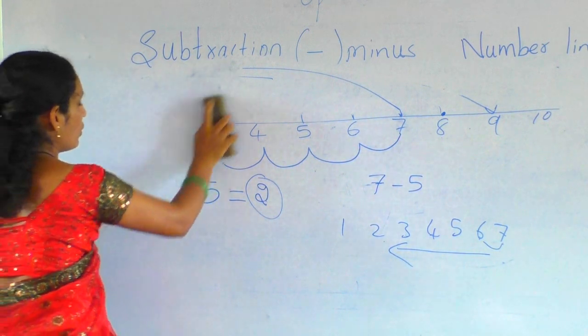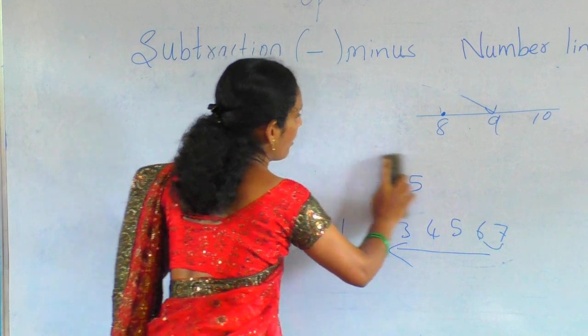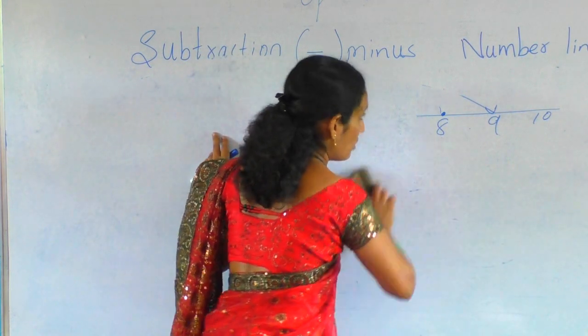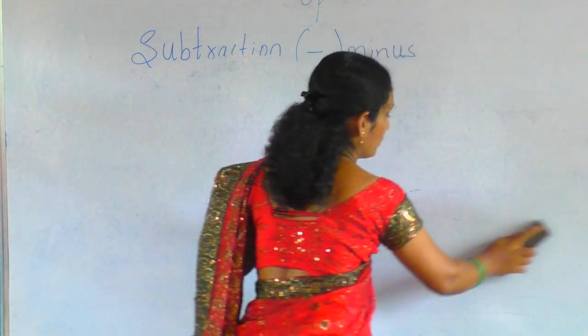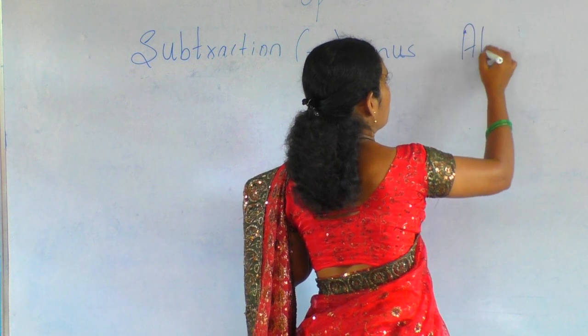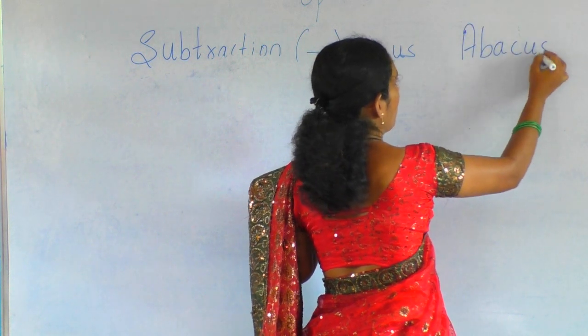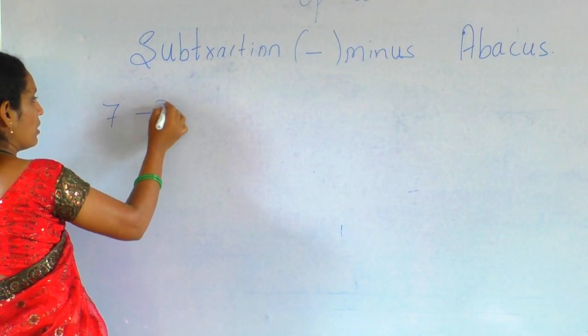Now we go to the abacus part. How to subtract on an abacus? First one, 7 minus 3.